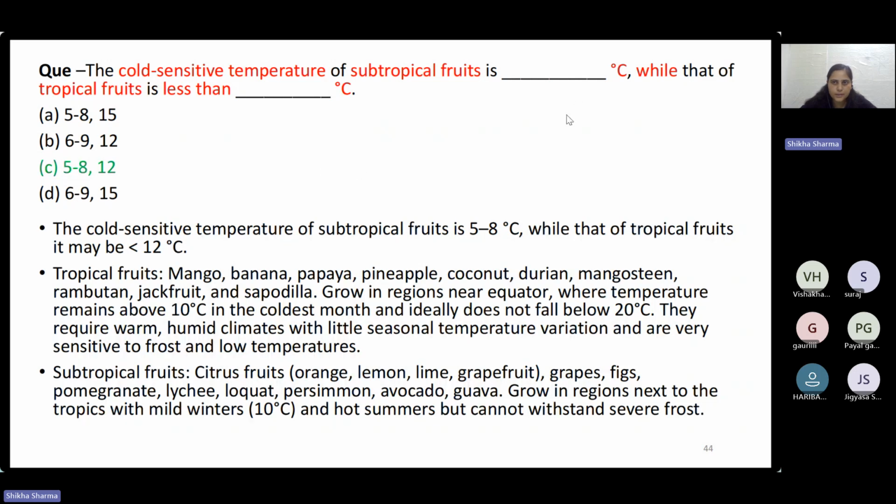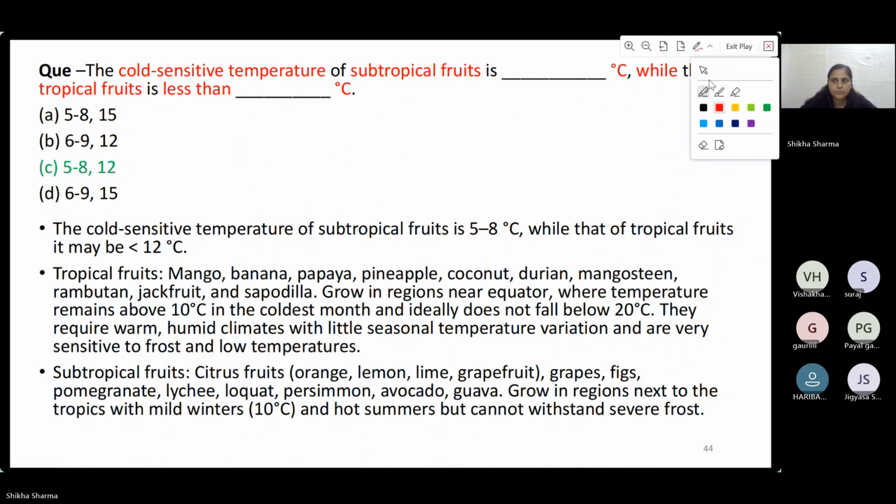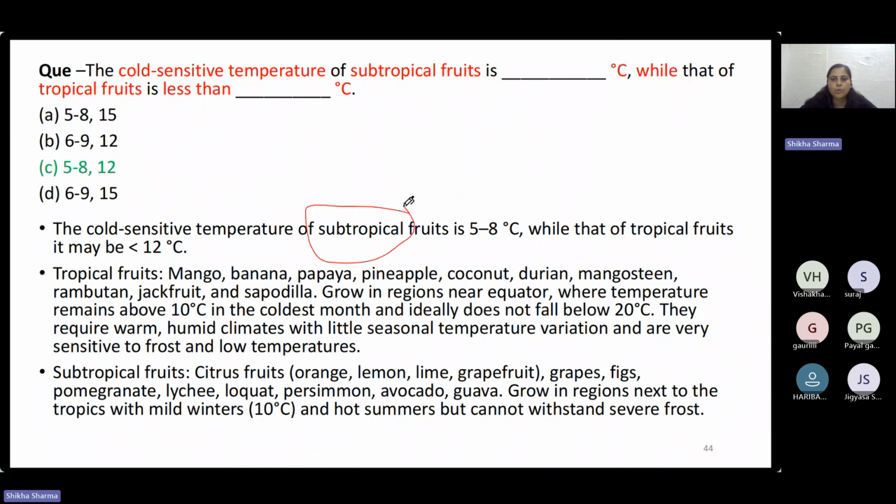So let's discuss this solution. The cold sensitive temperature for subtropical fruit is 5 to 8 degrees Celsius, and for tropical it may be 12 degrees Celsius. So what are tropical and subtropical fruits basically? Tropical fruits are like mango, banana, pineapple, papaya, coconut, mangosteen, jackfruit, sapota.